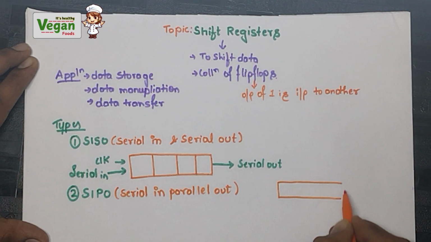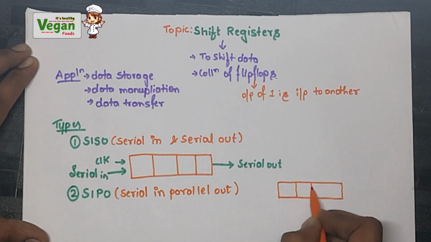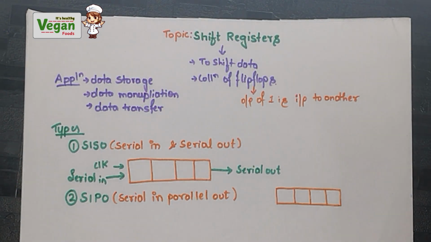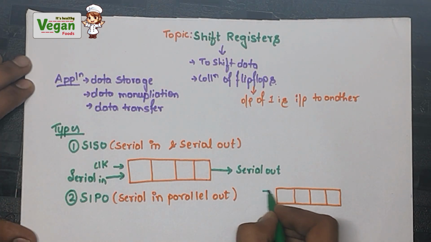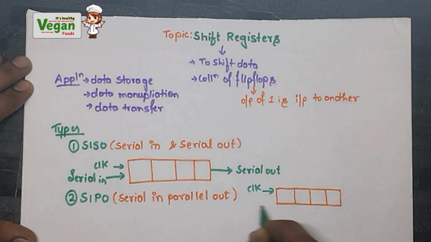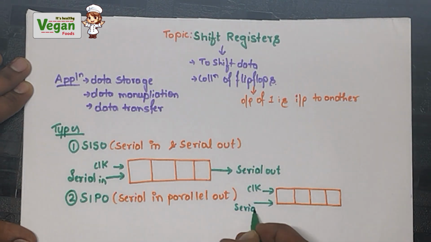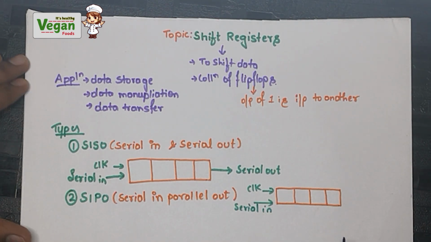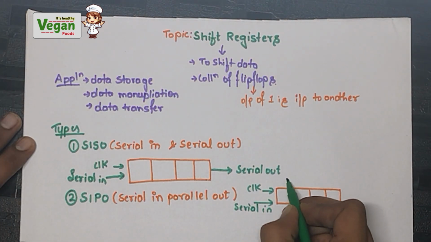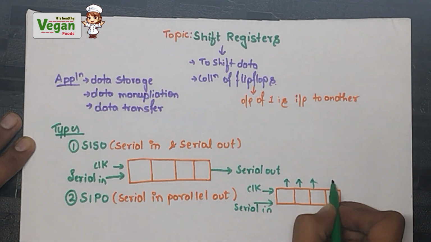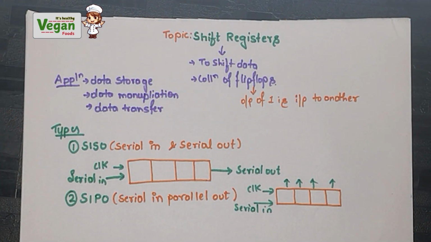If I consider the same 4 blocks of flip-flops, the clock will be the same. The clock will act as the common input and the input will be given in series, that is serial input, but the output will be given out in parallel, that is each block of the flip-flop will give the output in parallel ways. Each output is parallel to each other.